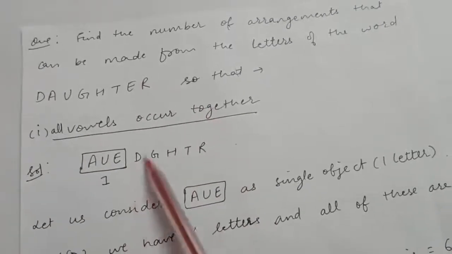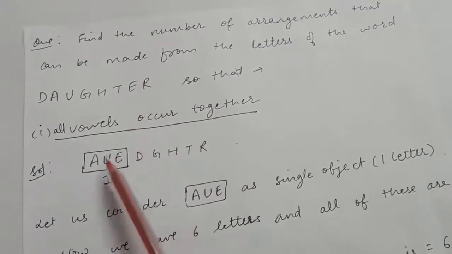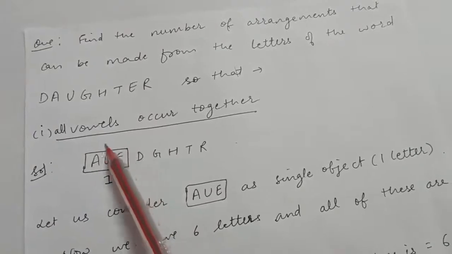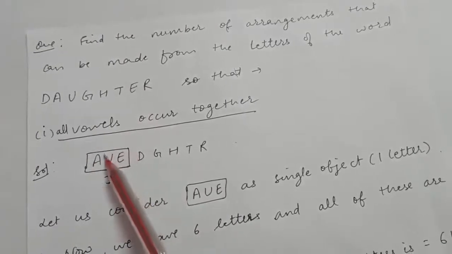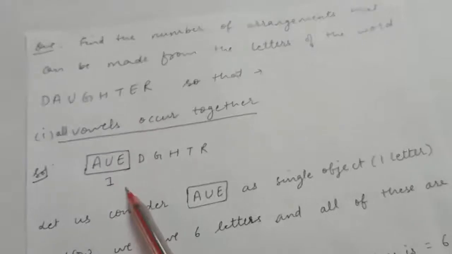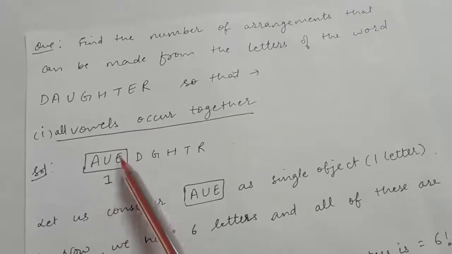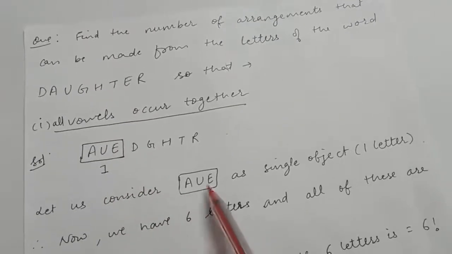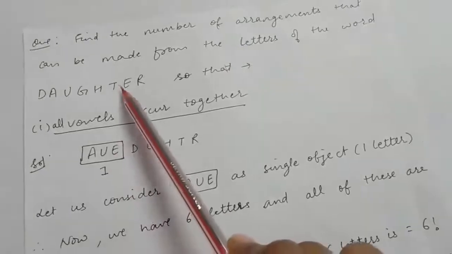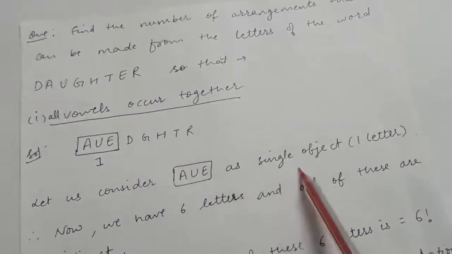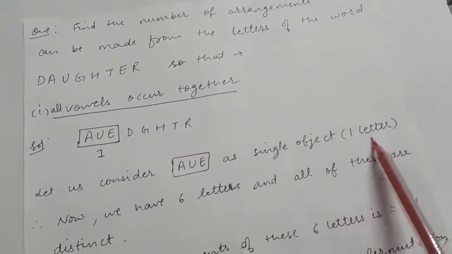So what we do in these types of questions is write down the vowels together and treat the vowels as one letter. For the time being, we will treat A, U, E, the vowels which exist in the word DAUGHTER, as a single object, that is, as one letter.